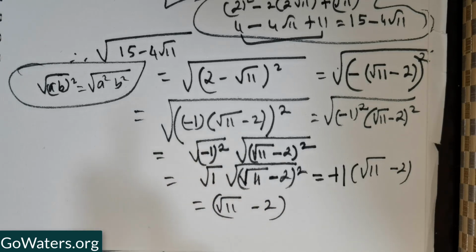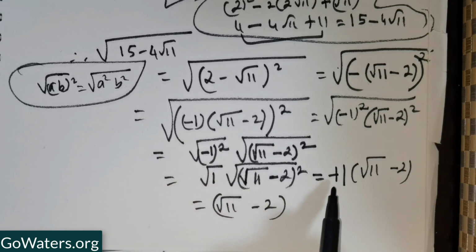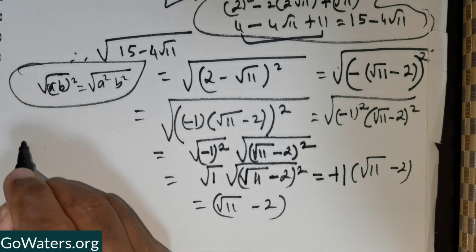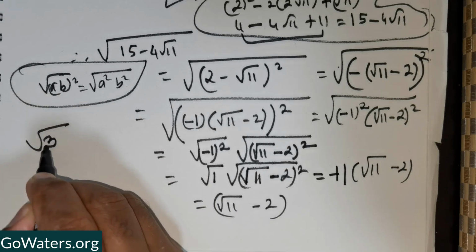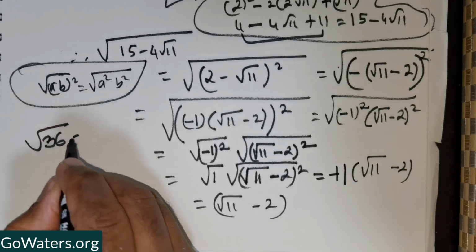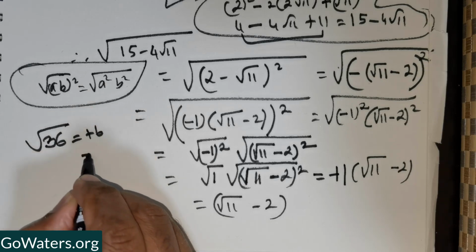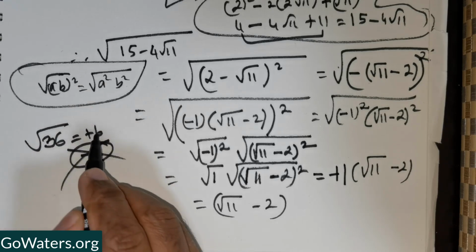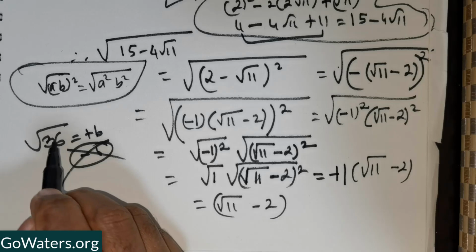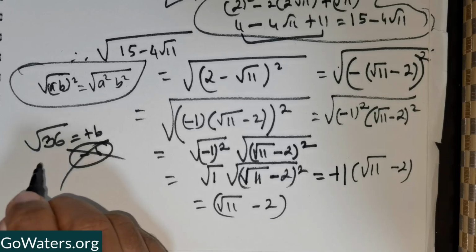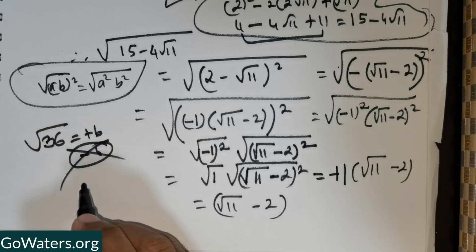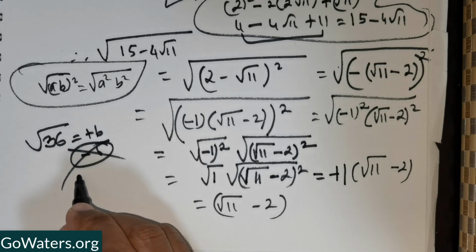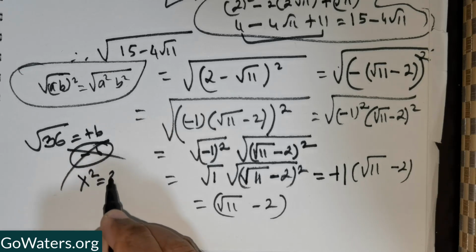Now you might be wondering why I did not include the negative value. Usually people say whenever you take the square root of, say, 36, you get plus 6 and minus 6. No, you don't get minus 6, you only get plus 6, because square root is a single valued function. Have that in mind. Many explanations would immediately ask, what if x squared is equal to 36?